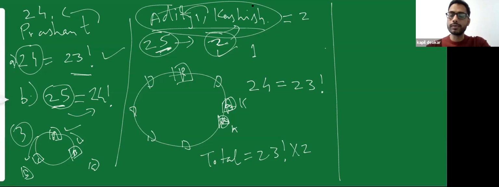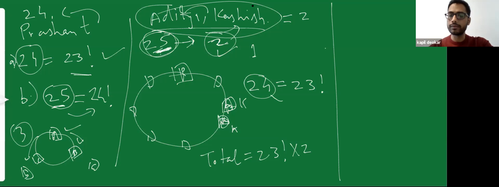I'll repeat once again how we came to that answer. In this particular case, there are 25 people, out of which I want 2 friends to be together. So this is a case where we want 2 objects to be together. If we want 2 objects to be together, we consider them as one unit. Out of 25, 2 are considered one unit, so total number of units now is 24.